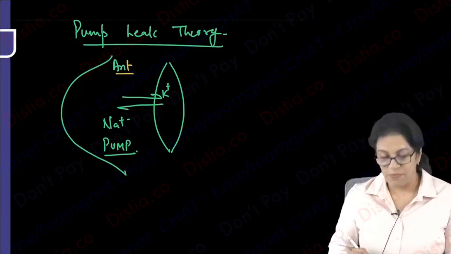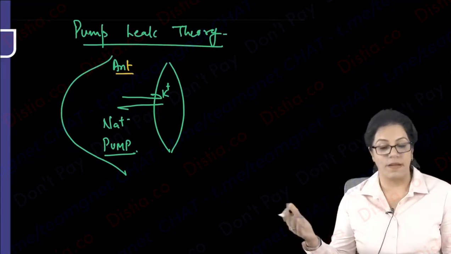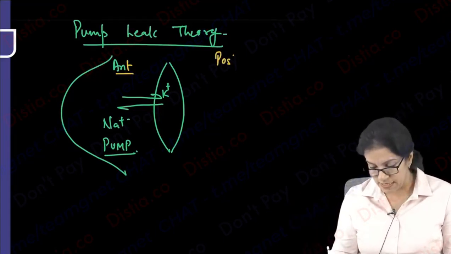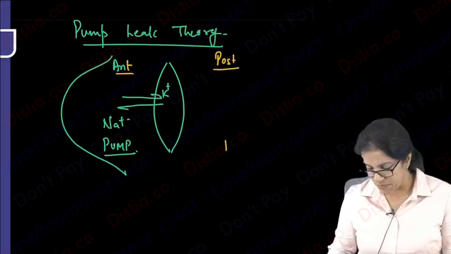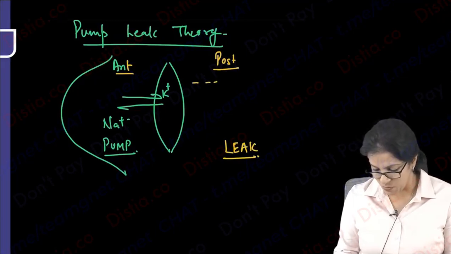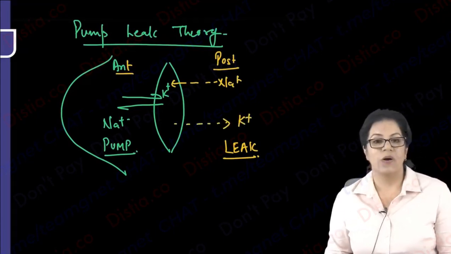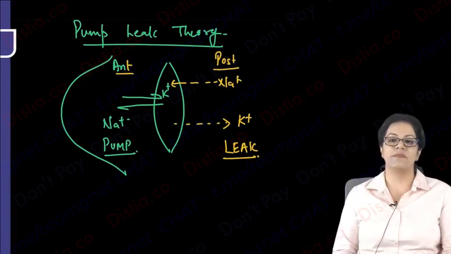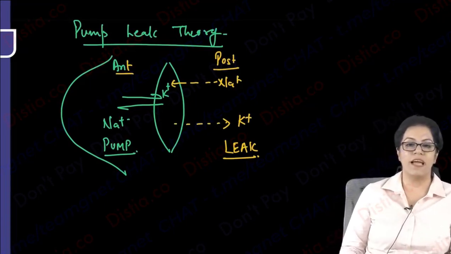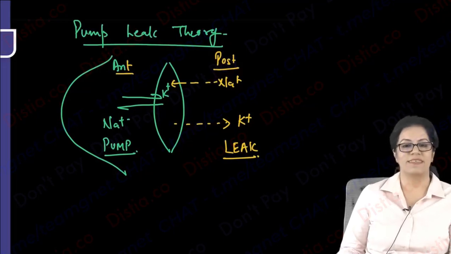Draw it. And what is happening at the posterior part? At the posterior surface, there is a leak. This was a pump, now there is a leak. In the leak phenomenon, it is the sodium which is leaking in and the potassium that is leaking out. If you look at this diagram, you will see it's quite complicated, but we have to only understand this much.